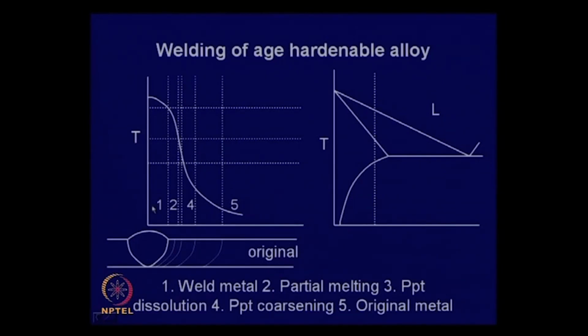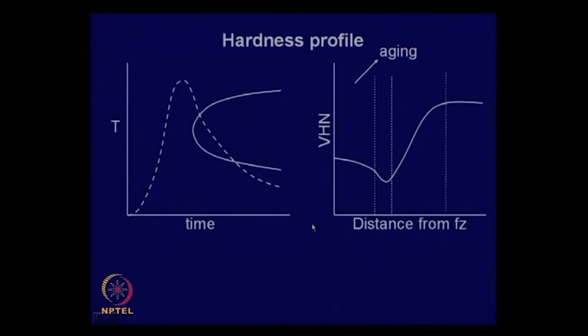So, here also you will have a composite structure starting from cast metal through the partially melted zone, then a zone with coarse precipitates, and in the extreme case, very far from the fusion zone, you will have the original metal. And here also it is possible to predict the microstructure.